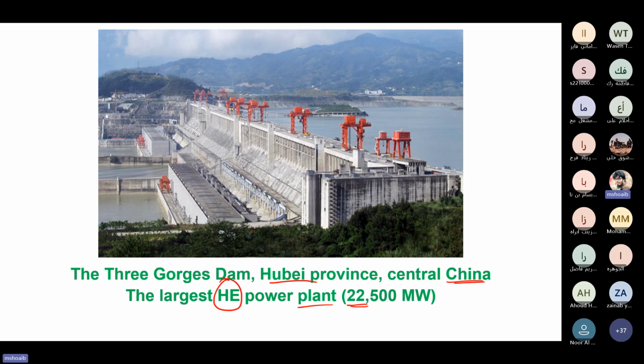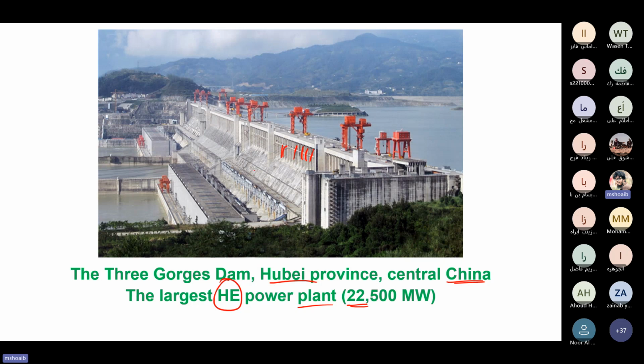You can see this is a hilly area, because you need to have the water at a very high level, so that you have that kinetic energy. And these are the gates. Whenever you open the gates, the water passes through at very high speed. So this is the picture of the hydroelectric power plant.